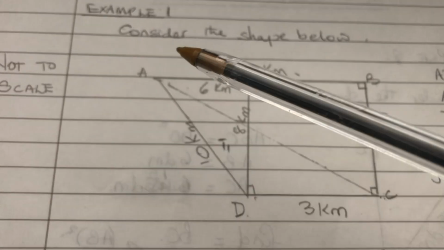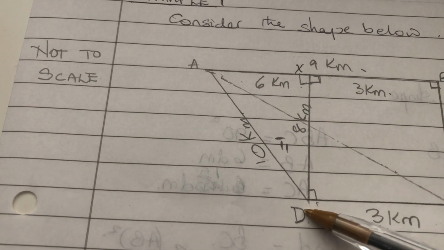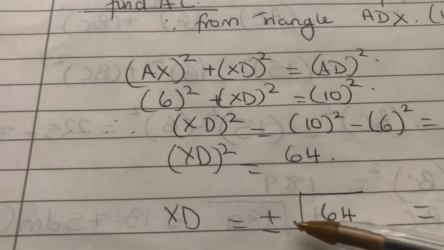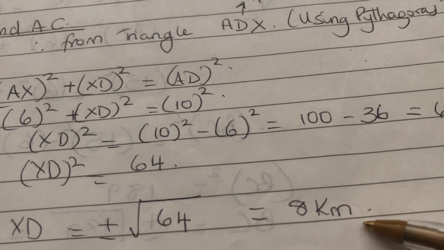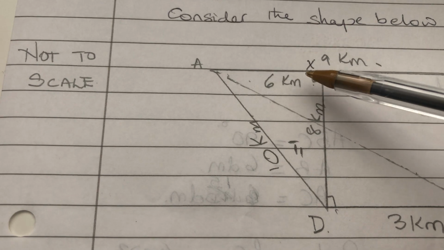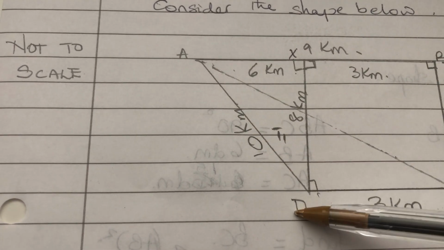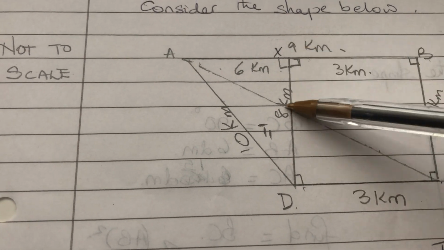So XD is the square root of 64, which is 8 kilometers. So now we know this is 6, we know this is 10, and then we know this is 8 kilometers.